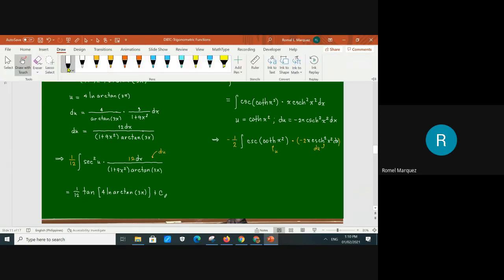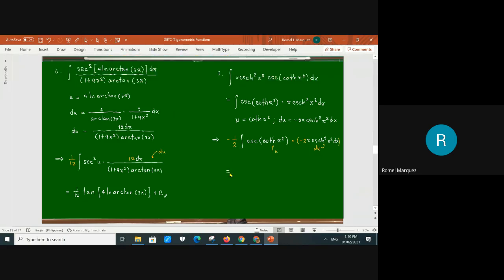What's the answer, guys? Negative 1 half ln of cosecant, right?